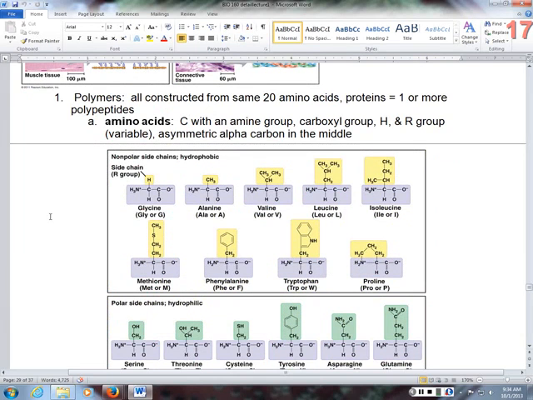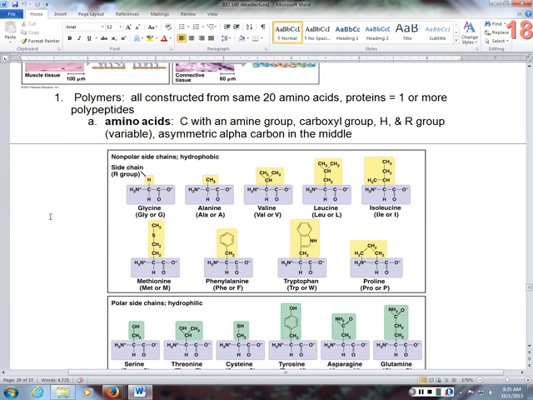So when we look at the structure of an amino acid, you've got a carbon in the center, a hydrogen on one leg, an acid group on one leg, an amine group on another, and the R group, which is variable, on another. So the only thing that's different on all 20 of them is what you stick at R. The rest of this is all the same all the way through.